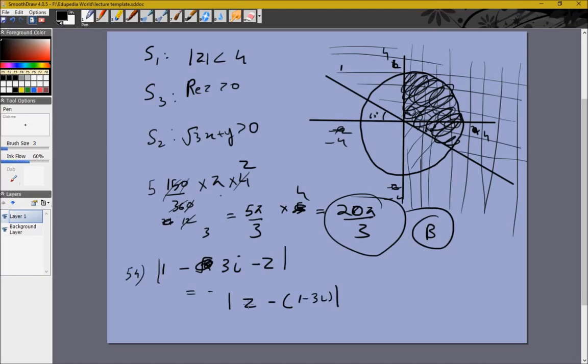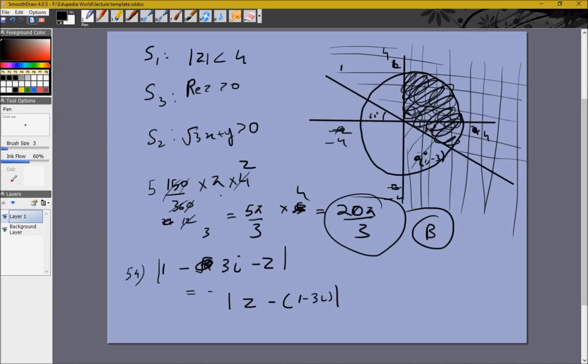Which means the distance between z and 1 minus 3 iota. So x is 1, y is minus 3. What is this line? If x is 1, y is minus root 3. So this is below this, somewhere here. Minus x is 1, y is minus 3.